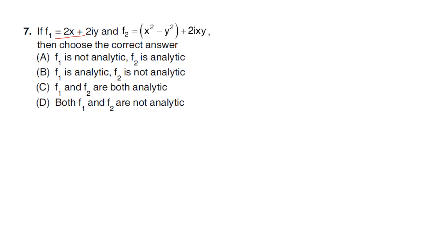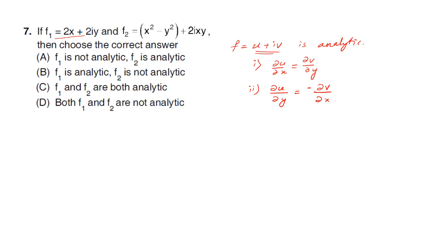As we know, a function f is equal to u plus iv is said to be an analytic function if two conditions are satisfied, that is, dou u by dou x should be equal to dou v by dou y. The second condition is dou u by dou y should be minus dou v by dou x. Let us check this for functions f1 and f2.